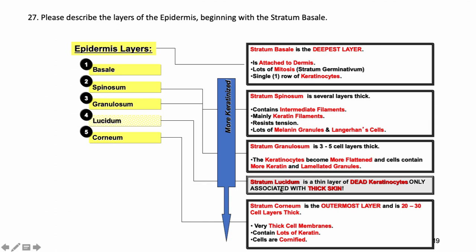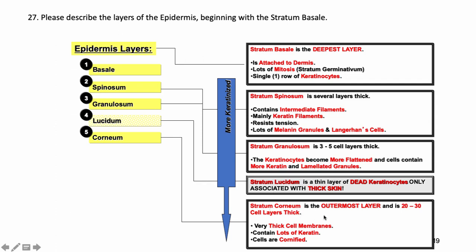The stratum lucidum is the first dead layer in thick skin. Now, thick skin is palms and soles. Any other skin is thin. Okay, so this is only a layer we find with the thick skin. However, whether you're thick or thin, you will have a stratum corneum. Okay, corneum means dried out.